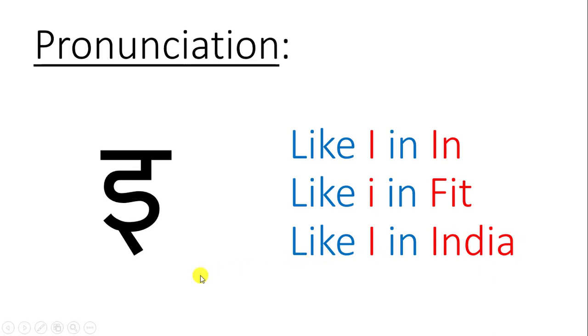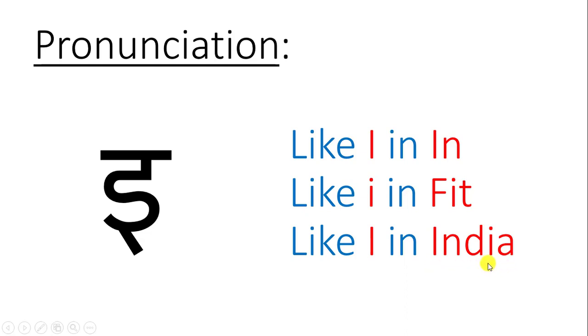The third one is i. And the way you pronounce it is like the i in in. In. And like the i in fit. Fit. And like the i in India.